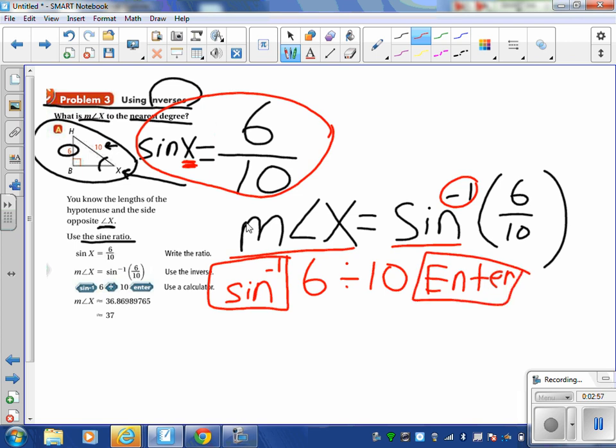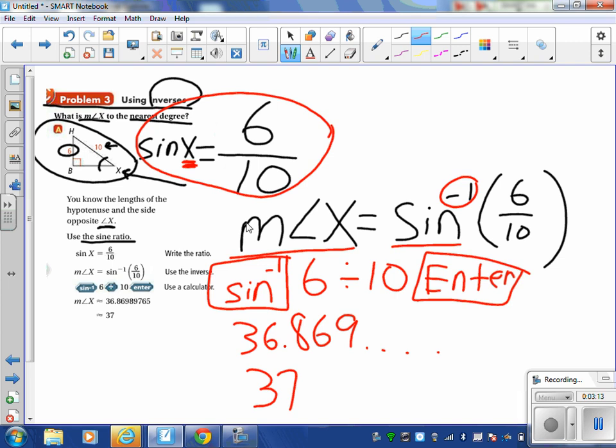That would give me 36.869, etc. other numbers back there. So that would round to 37.